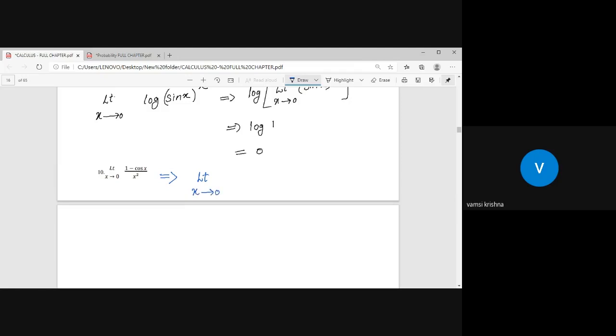So 1 minus cos x differentiation: 0 minus cos x differentiation is sin x, divided by x square differentiation, which is 2x. One more time.